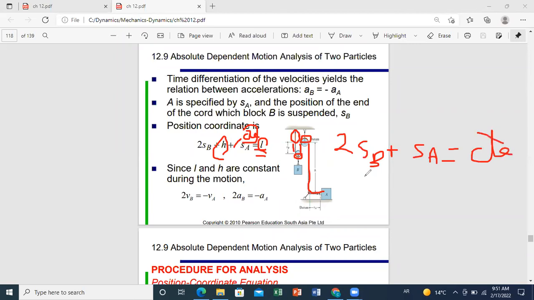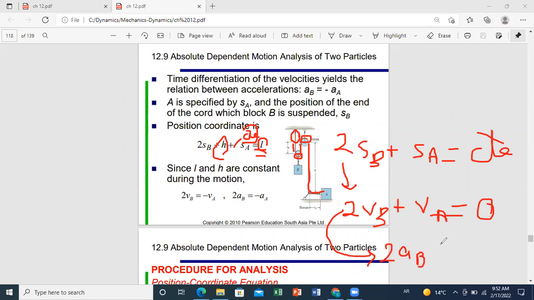Then you can derive this relation the first time with respect to t to get 2VB plus VA equals 0. And if you derive another time, you get 2AB plus AA also equal to 0.